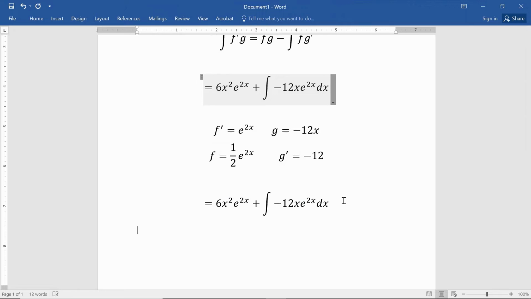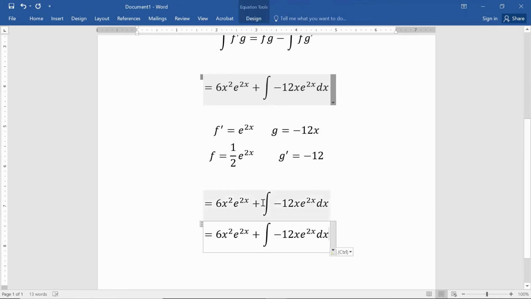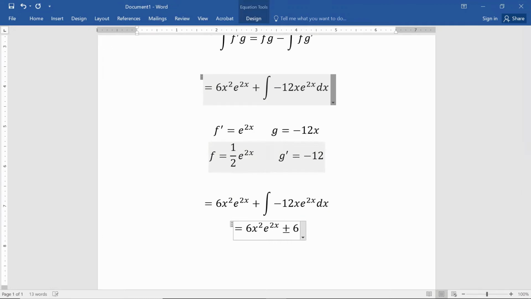So when you set this up, you're taking just the second integration and replacing it with fg minus the integration. In this case, let's multiply this out. Negative 12x times 1/2 e to the 2x gives me negative 6x e to the 2x.